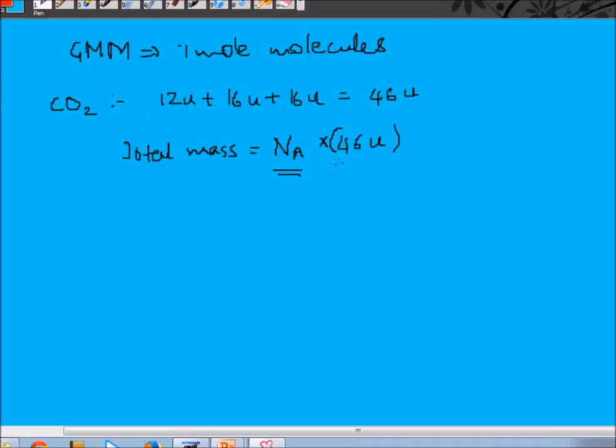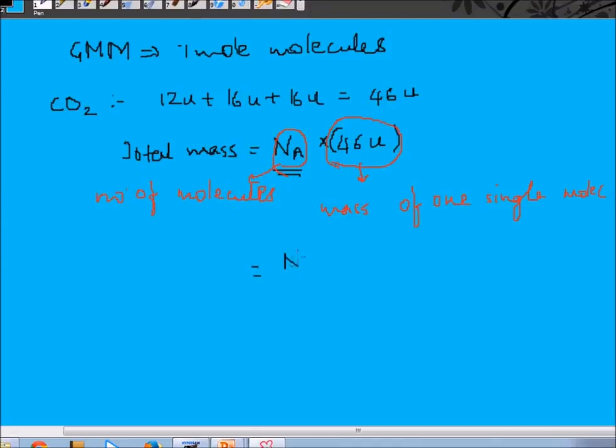I'm writing single again to emphasize that it is the mass of one molecule, and Na is the total number of molecules for calculation of gram molecular mass.